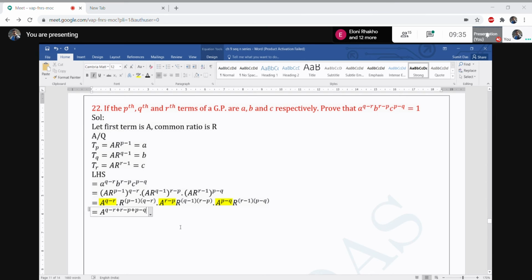So we are adding these. Similarly, the R power will also be the same, this one plus this one plus this one.